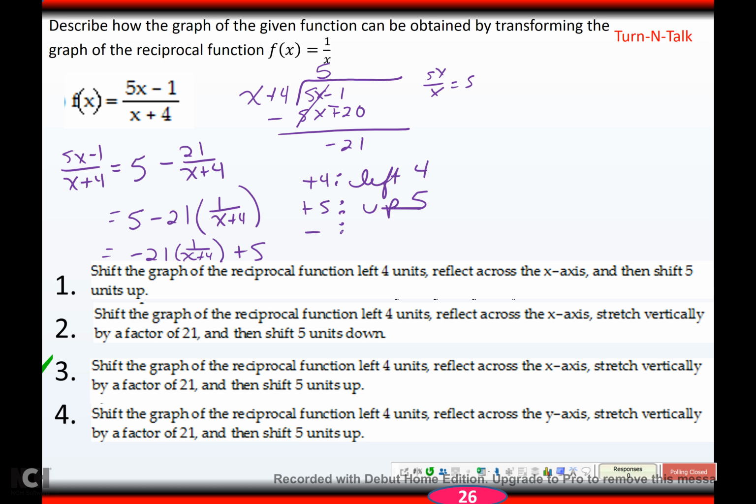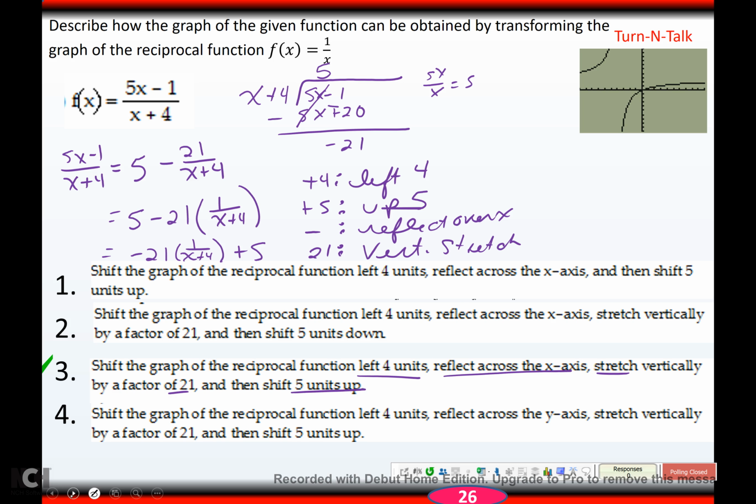You've got the negative on the outside, which is going to reflect over x. And you've got the 21, which is going to be a vertical stretch. So it's going to go left 4, reflect over x, stretch by 21, and 5 up. Okay?